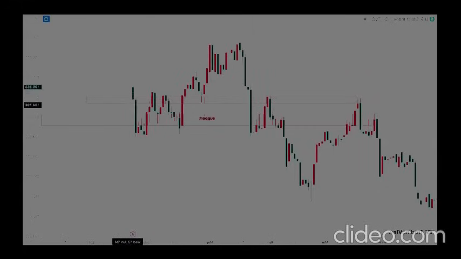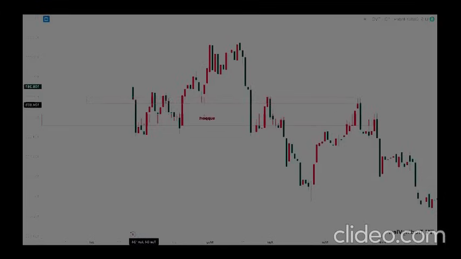So if your support should be here, then how about this chart that moved very far below this support zone, and support should be respected?